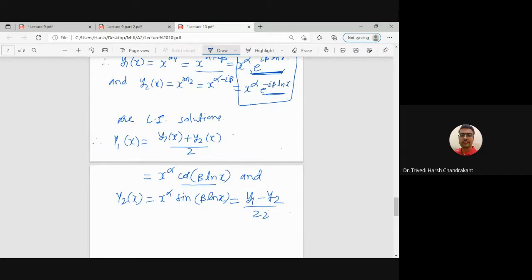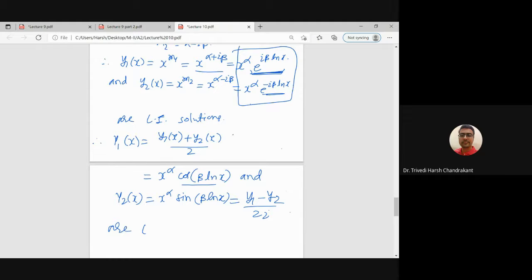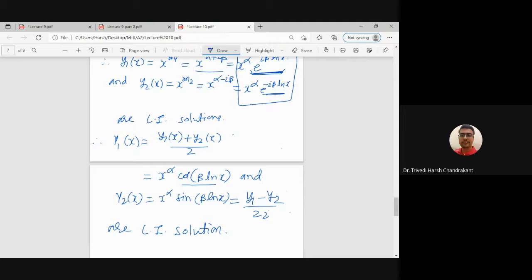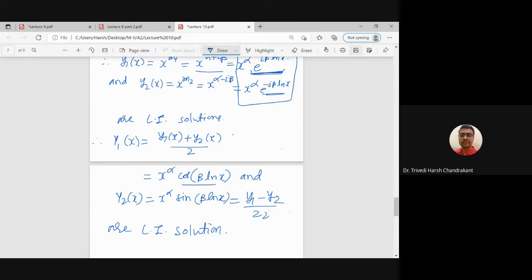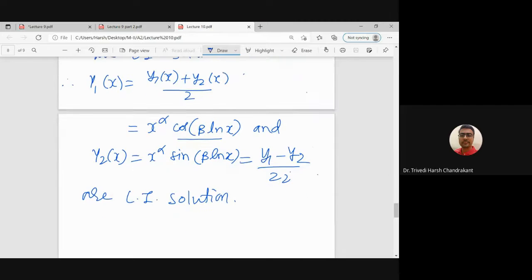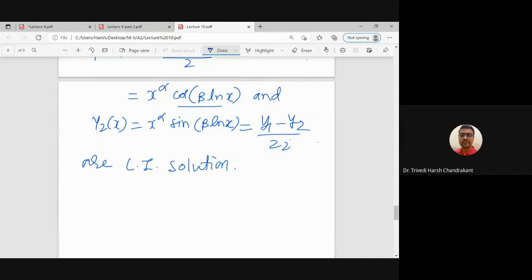Okay. So we got y1 and y2, and we know that small y1 and y2 are LI, then capital Y1 and Y2 are LI solutions. So this part we have verified in the case of the coefficient with a constant, right? There we verified that if small y1 and y2 are LI, then capital Y1 and Y2 are LI using the Wronskian.